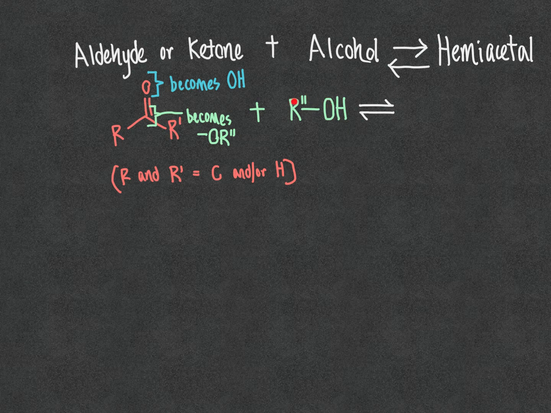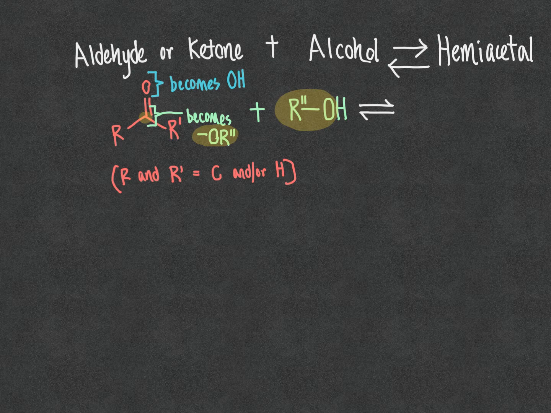So this oxygen that's bonded to the R double prime group right here is what will become bonded and add right here at the carbon of the carbonyl. So we end up taking this O-alkyl group from our alcohol, and that gets plugged onto the carbon atom right here of our carbonyl.